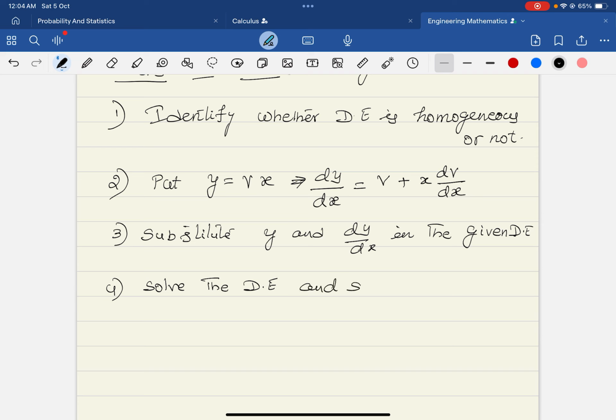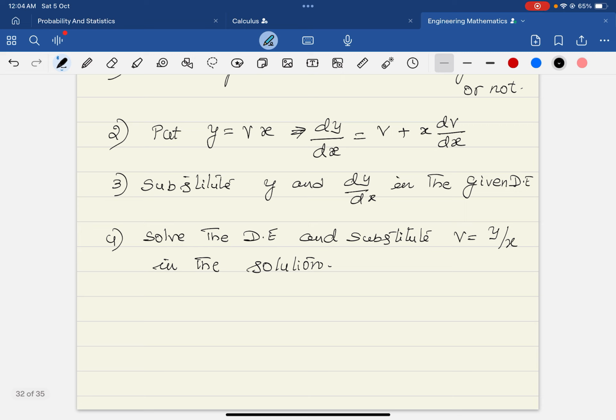After solving it, your equation will be in terms of v, right? So you have to substitute the v value back. That means substitute v is equal to y by x in the solution. That is the way you have to follow to solve the homogeneous differential equation.